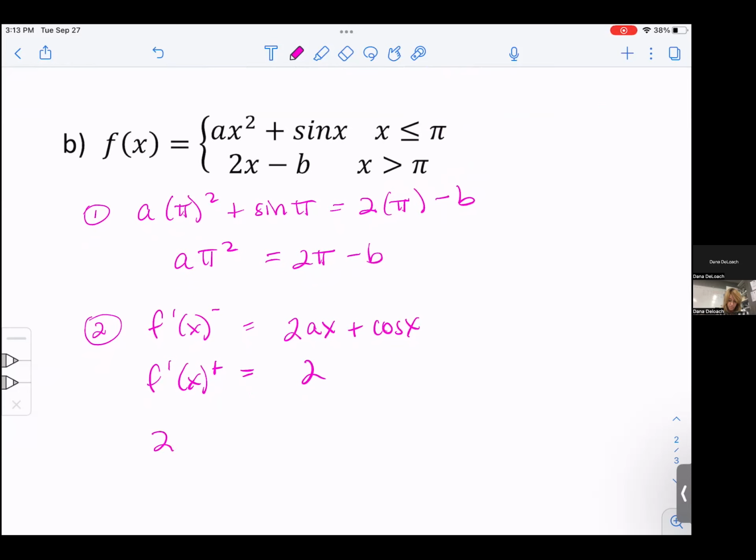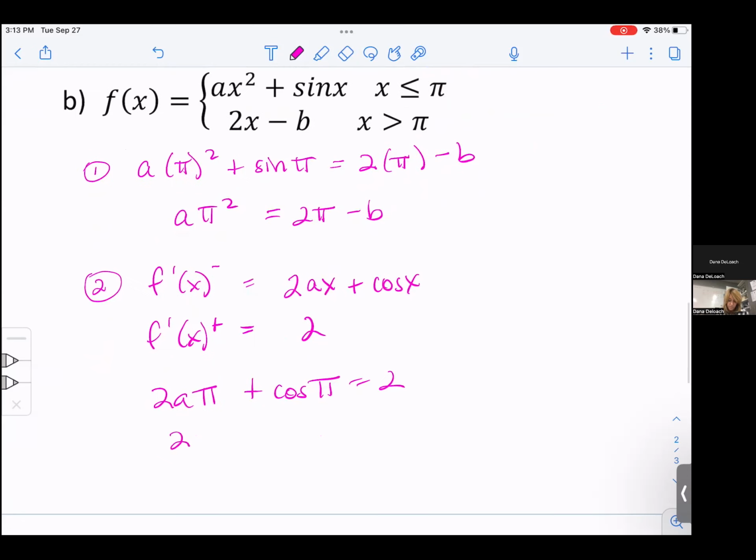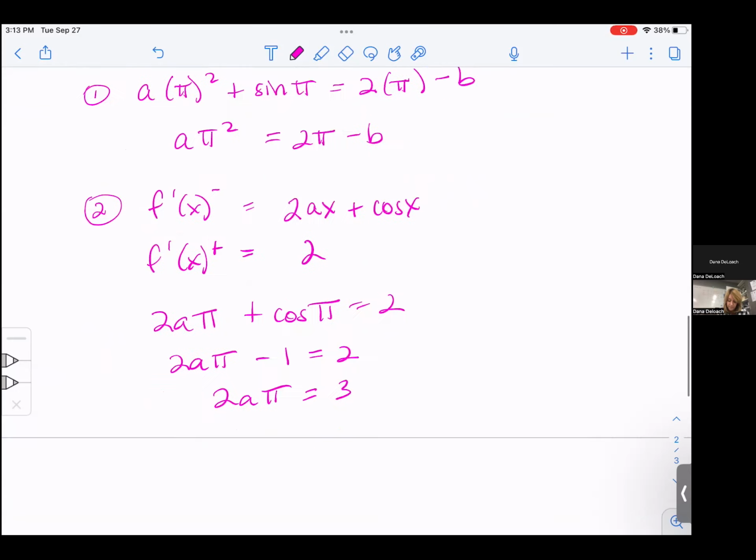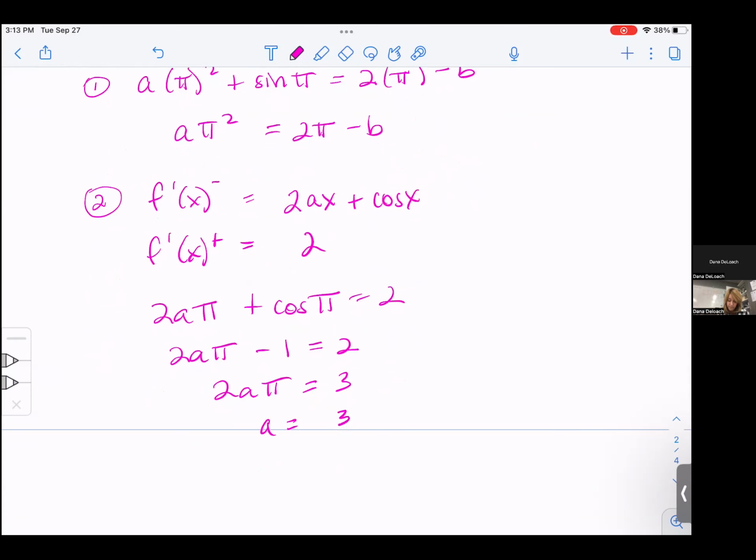So I'll say 2a pi plus cosine pi equals 2. So there's nothing I can do with 2a pi, but the cosine of pi, so that's over on the other side is -1. So this is going to be -1 equals 2. So 2a pi equals 3. So a is 3 over 2 pi when you divide both sides by 2 pi.